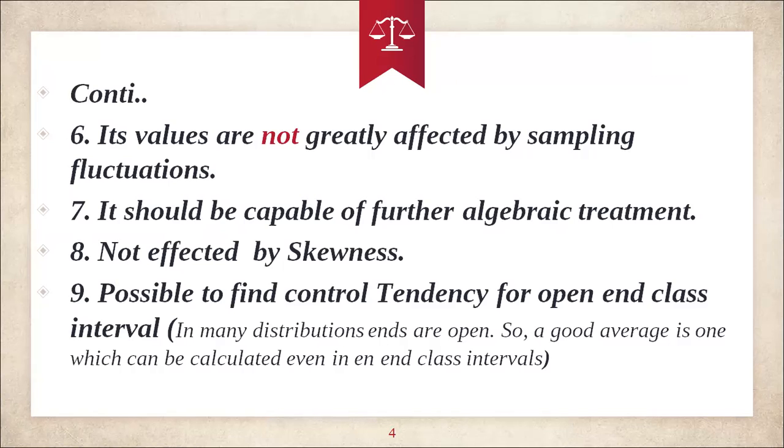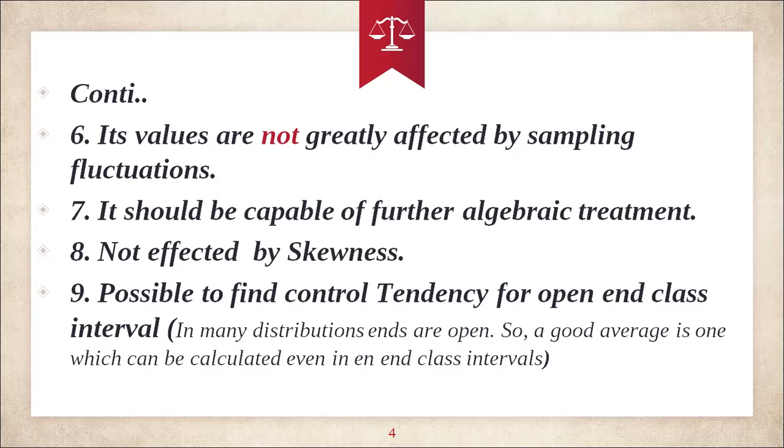So its values are not greatly affected by sampling fluctuations. Sometimes they will take randomly, for example, the IPL matches. For example, in a particular match of Mumbai Indians or some other group, in that case we will take the first match, third match, fifth match, seventh match, ninth match, like that.